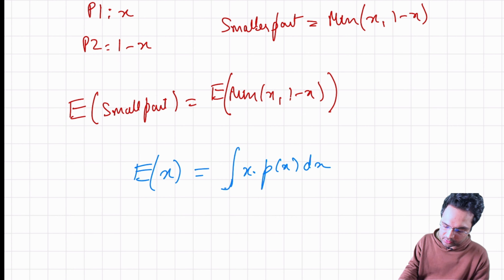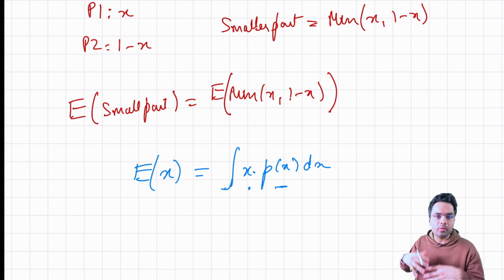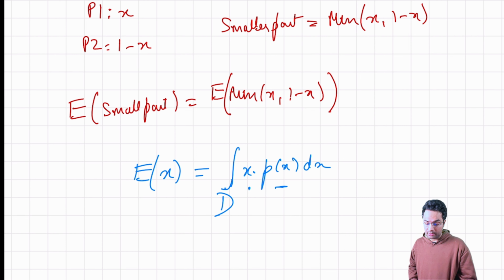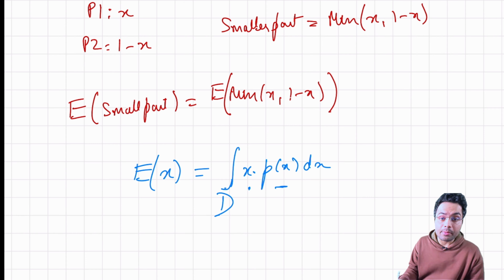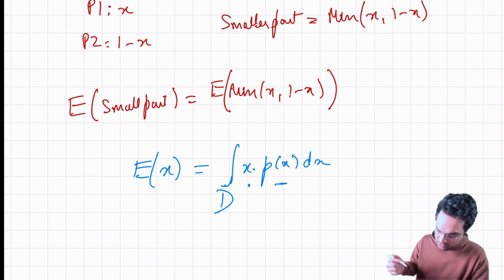What it does is basically say, whatever value x takes on, multiply this with the probability density function at that value and integrate it over the domain of x. I've represented the domain here with this capital D, whatever values over which x is defined. I'm going to use that information and integrate over the entire domain. Okay, so now let's try to do this.